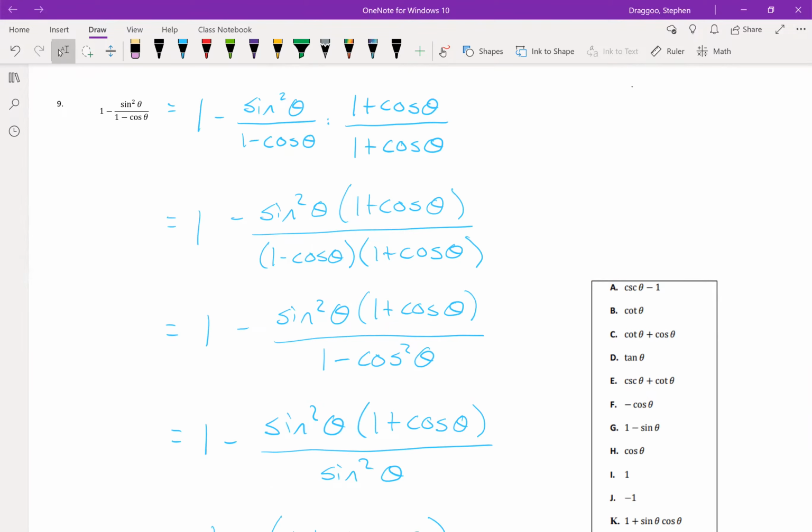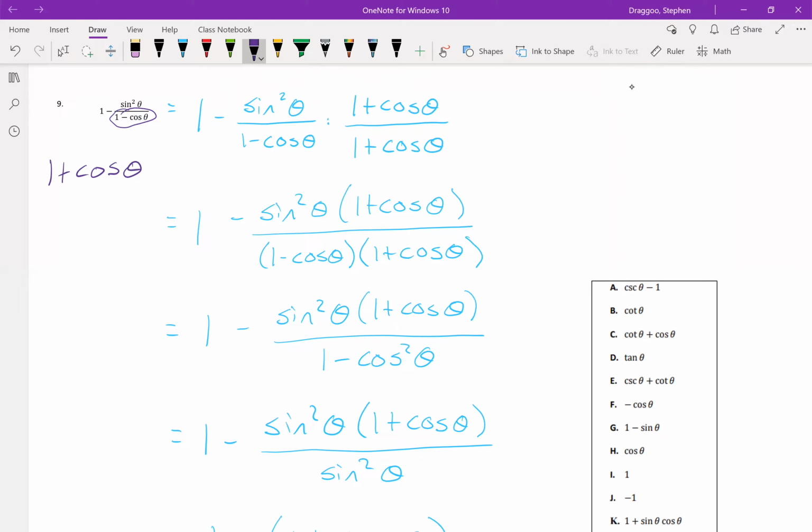So in problem 9, I have a complicated denominator. I have this 1 minus cosine right here. And tip number 3 from the beginning was that if I have a complex denominator, I should try multiplying by its conjugate. Now the conjugate to 1 minus cosine theta is 1 plus cosine theta.